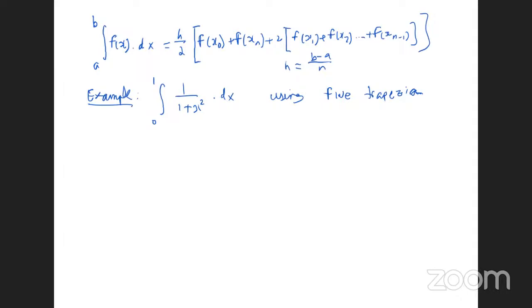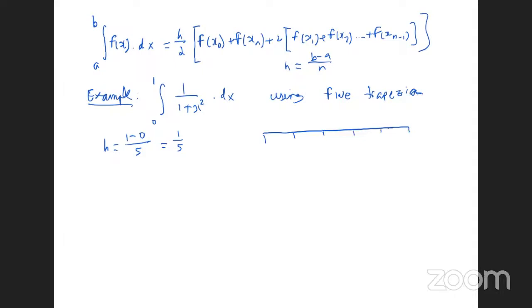Okay, so let's set it up. First things first, what is h? h is b minus a, 1 minus 0, all over the number of trapezia, which is 5. So h is 1/5. Okay, what's the purpose of h? The purpose of h is to allow us to break this up evenly: 0, 1, 2, 3, 4, 5.